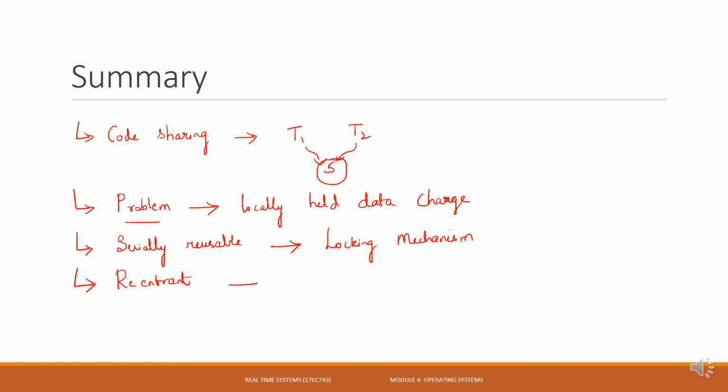Reentrant code means that the subroutine S acts as pure code wherein it does not hold any data within it. Every intermediate result is saved in its associated stacks. This is the concept of what code sharing is and what the methods are to overcome the code sharing problem.